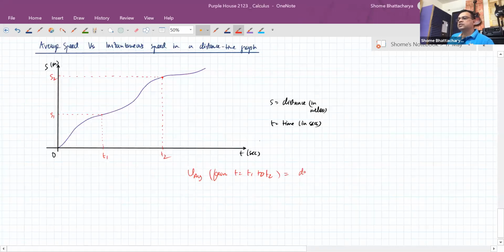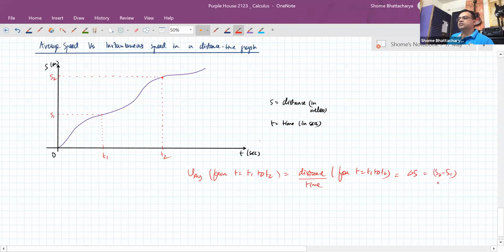So it is the distance for time t equal to t1 to t2 divided by the time interval. So what is this distance going to be? It is going to be delta S, that is the change in distance from t1 to t2. So it's going to be S2 minus S1.